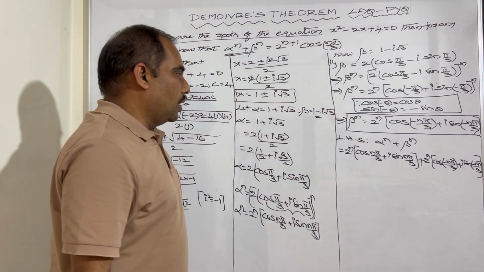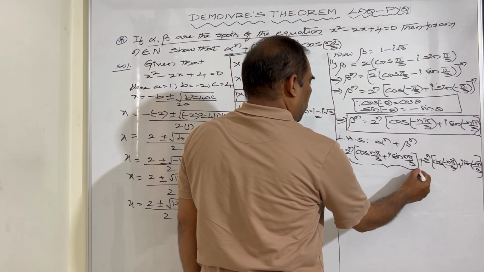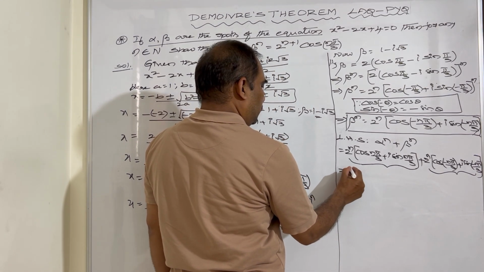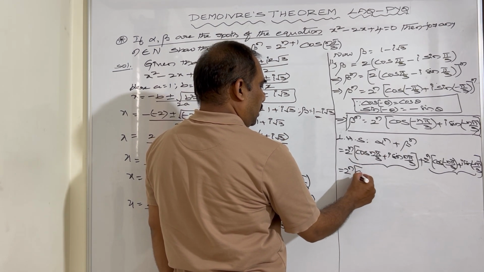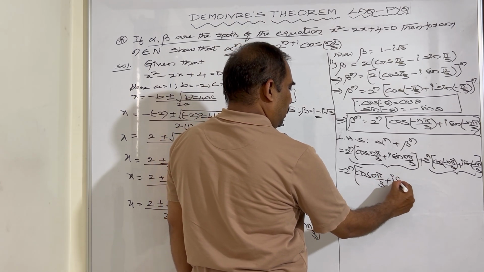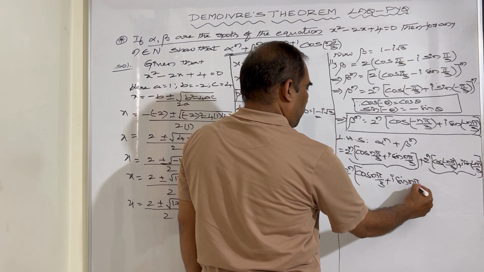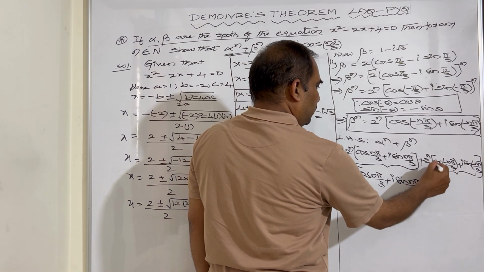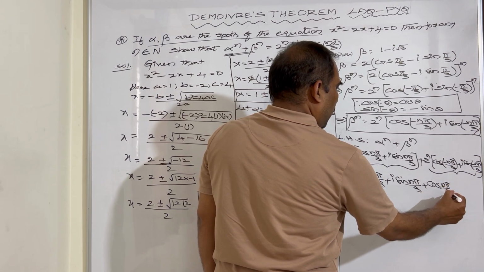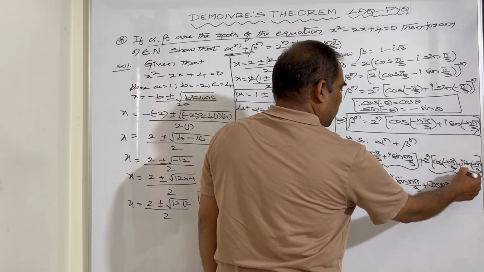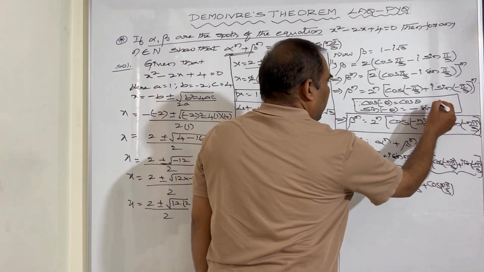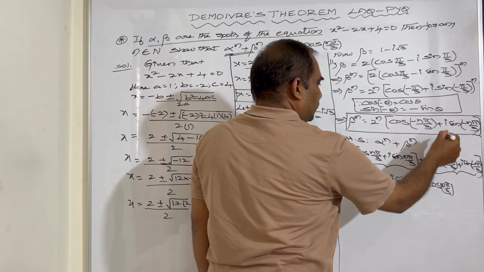See, observe here. Now in both the terms, 2 power n is common. If you take 2 power n common, we get cos of n pi by 3 plus I sin of n pi by 3. I already told you cos of minus n pi by 3 is also only cos n pi by 3, and here plus I sin of minus n pi by 3, that is, sin of minus theta is equal to minus sin theta.